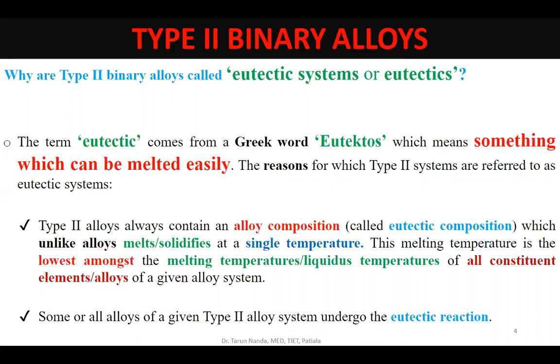Whenever you are talking about any type 2 system, some of the alloys of that system, or even all alloys of the type 2 system in some cases, will definitely show this peculiar reaction called the eutectic reaction. So students, because of these two reasons, the eutectic systems name is given to type 2 systems and even to type 3 systems.